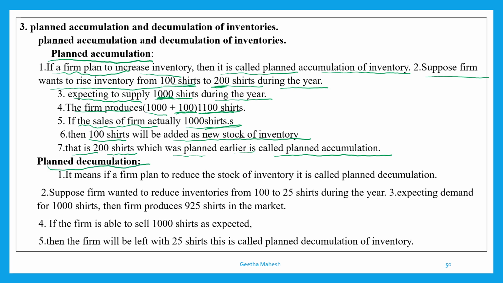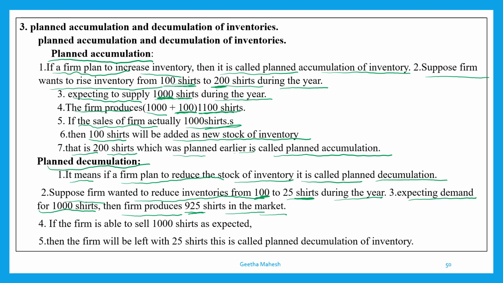Planned decumulation. It means if a firm plans to reduce the stock of inventory, it is called planned decumulation. Suppose a firm wants to reduce inventories from 100 to 25 shirts during the year, expecting demand for 1000 shirts. Then the firm produces 925 shirts for the market.